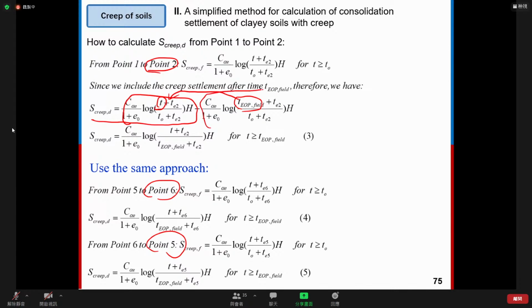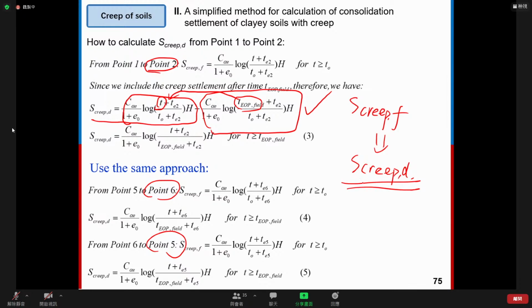So then we can get the S-script delay. We just use the equation for S-script final to get S-script delay.